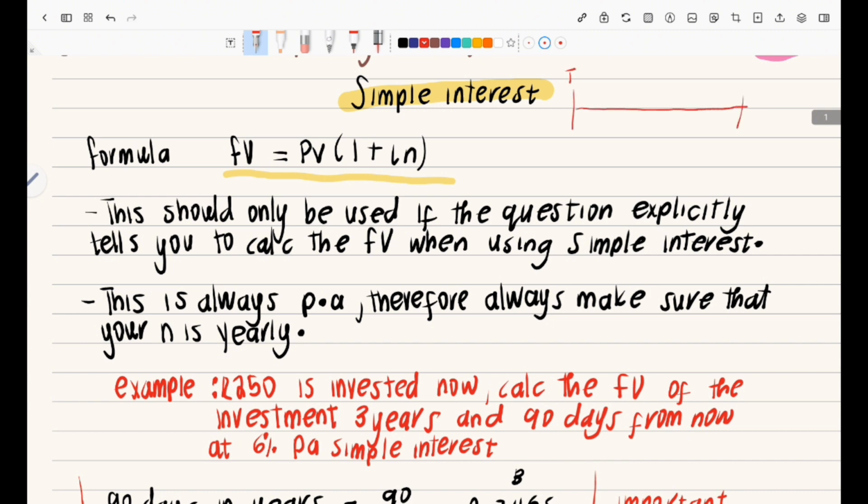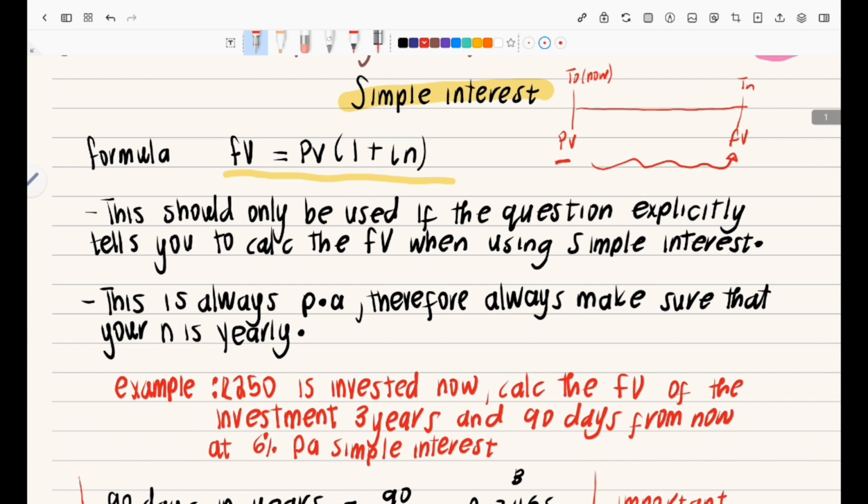At time period 0, which is now, that is where you have your present value. And then your future value is at time period N. So your future value is whatever this value was plus the interest that it has incurred over time, up until your N. This is for simple and compound interest.